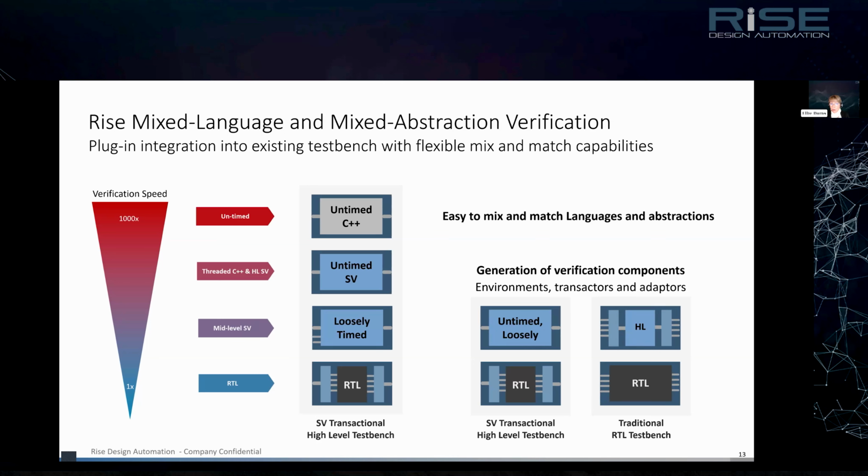So using your favorite SystemVerilog simulator, but you don't have all of those individual cycle by cycle timing, and so it speeds up the simulator dramatically. Loosely timed, which has been a common definition in some circles, but Mike will show you a little bit more about what exactly we mean by that. And then RTL you're familiar with.